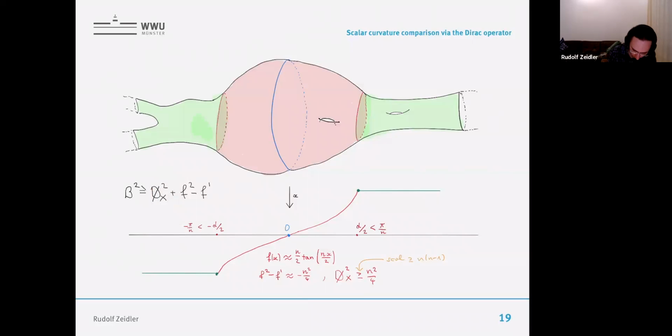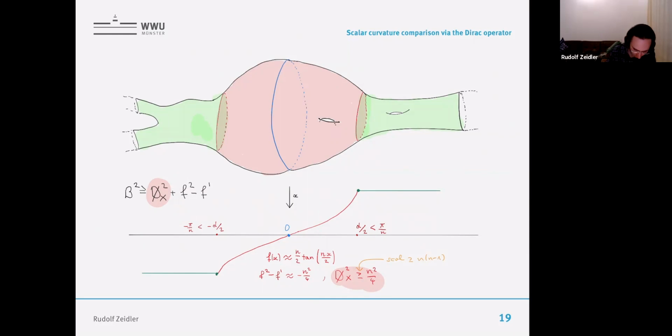And so this guy I can bound below by the scalar curvature term. This is what I've written here. And if I have a scalar curvature bound of n times n minus 1, this will correspond to a lower bound of n squared over 4 here.